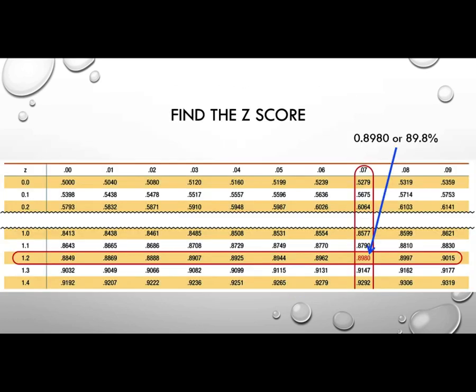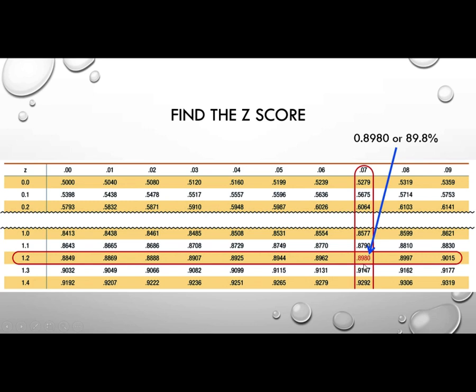So what do we do? We have to go into the back of the textbook, and the way it works is if you come over here, you see where it says 1.2. Okay, that's the z-score. I come down to 1.2 and then I slide over to 0.07, so that's 1.27.